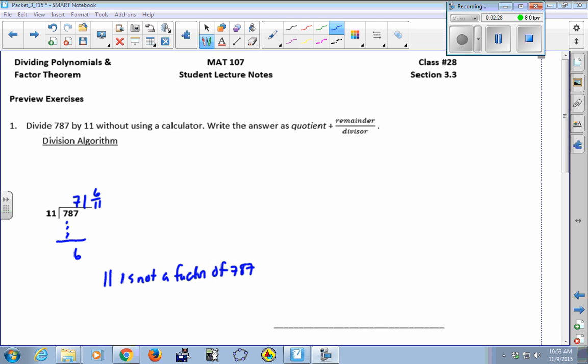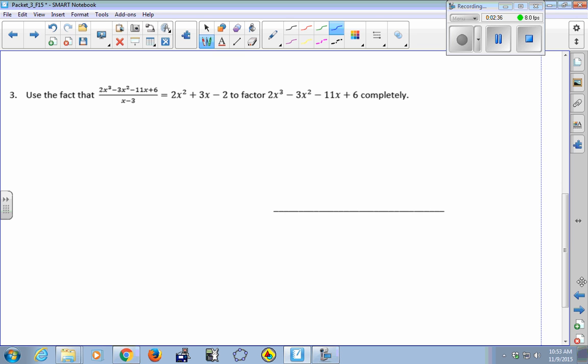Now, anytime you do a division problem, you can check it with multiplication. Okay, so a lot of people get stuck on this problem in the preview exercises. Notice this original cubic polynomial, 2x cubed minus 3x squared minus 11x plus 6.